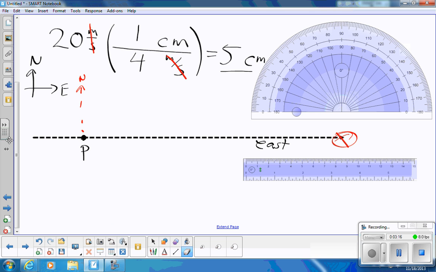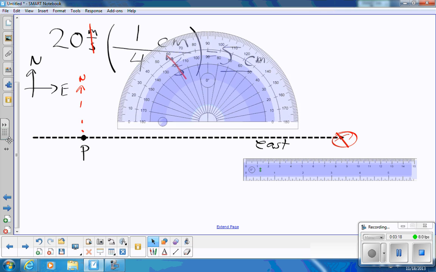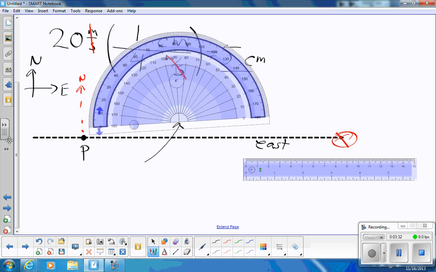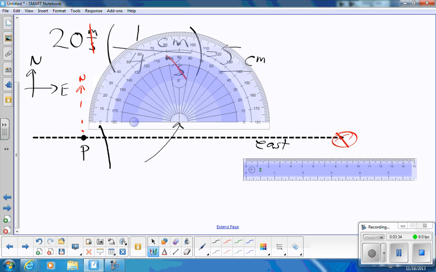Let's bring the protractor over here so I can actually measure this properly. Now, using a protractor, every protractor is different, and the one point on the protractor I have to find is the point here. Right there, between the 0 on this side and the 0 on that side. Find the zeros on each side of the protractor.